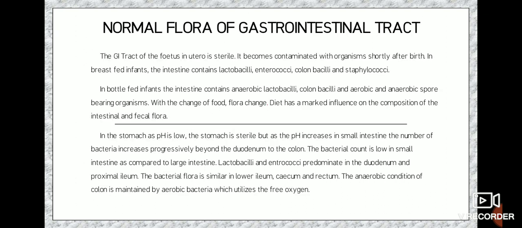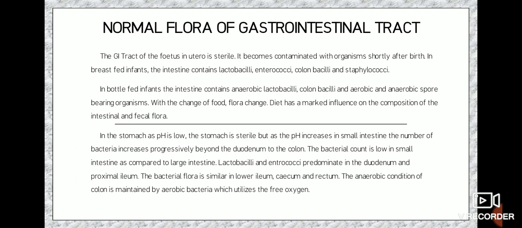And we have the flora of the gastrointestinal tract. In the infant, the intestines contain enterococci, lactobacilli, colon bacilli, and aerobic and anaerobic spore-bearing organisms. With the change of food, flora changes; diet has a marked influence on the composition of the intestinal and fecal flora. In the stomach the pH is low, so the stomach is nearly sterile, but as the pH increases in the small intestine, the number of bacteria increases progressively, and they dominate in the colon.